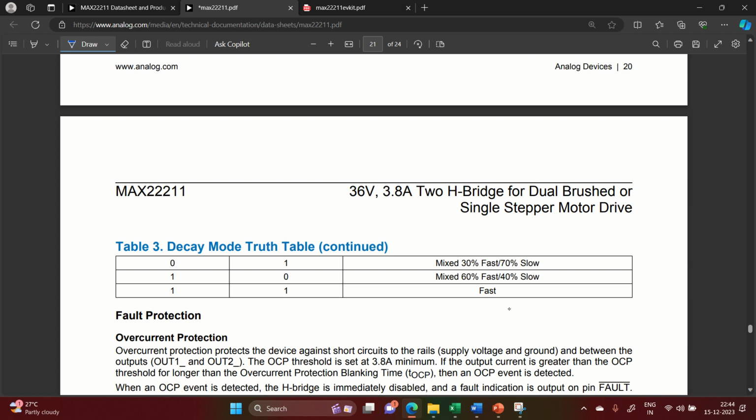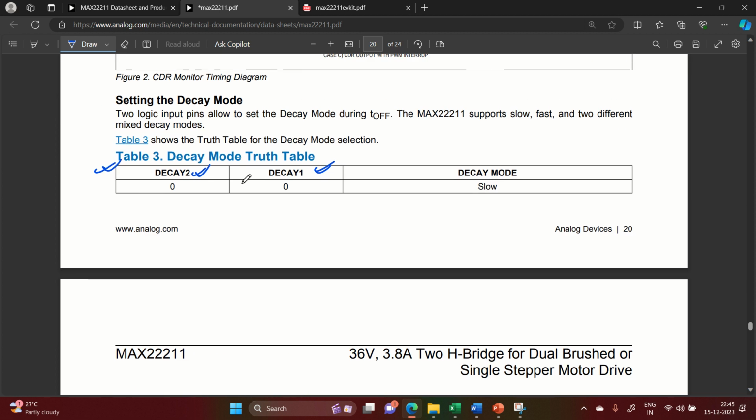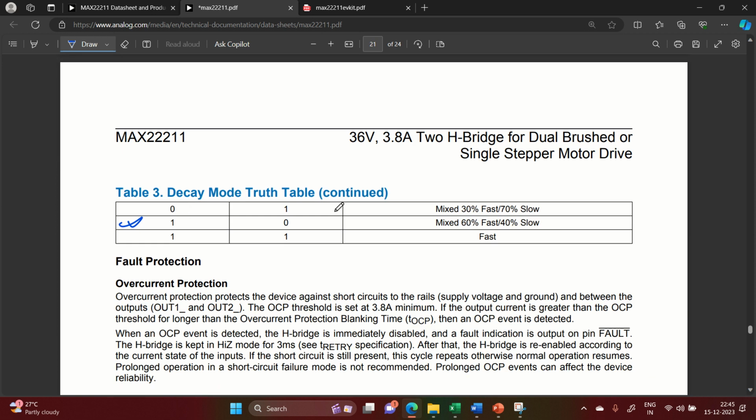I will keep it in the mixed mode, which is 60% fast and 40% slow. As you can see, when decay 2 is high, then it is faster. 0 0 means slow, and 0 1 is still slow because slow is leading, and both being 1 means fast.